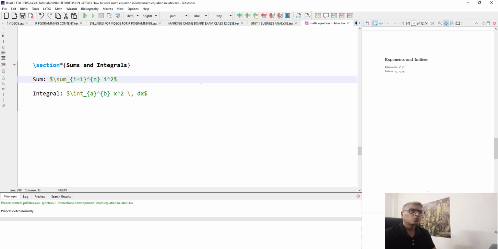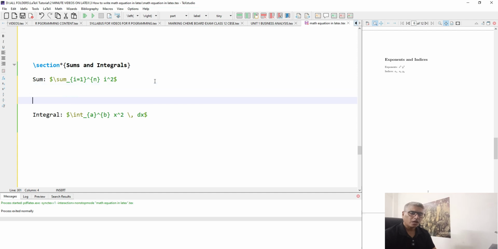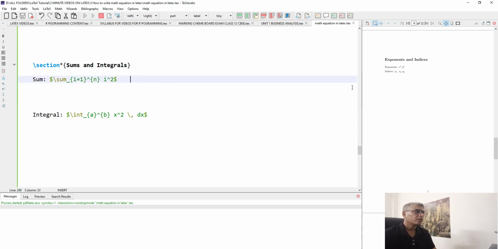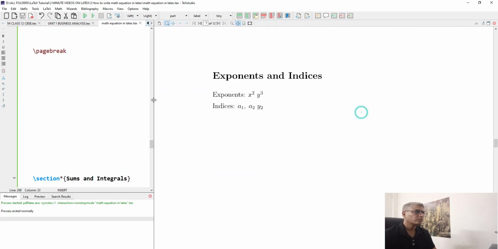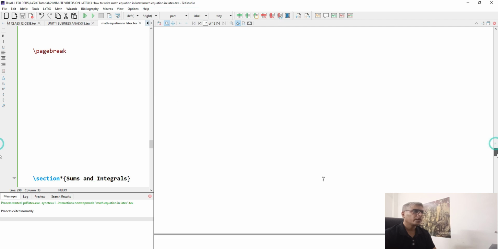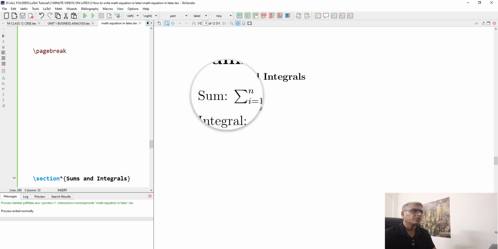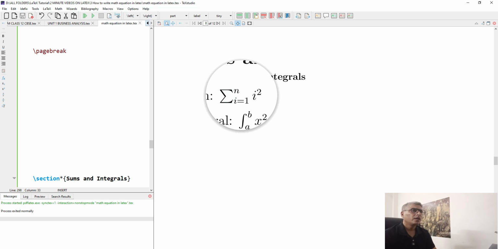So let's see the result, how it is showing. So here we can see the sigma function, the lower limit i is equal to 1, the upper limit it is showing n, and the function is i square.